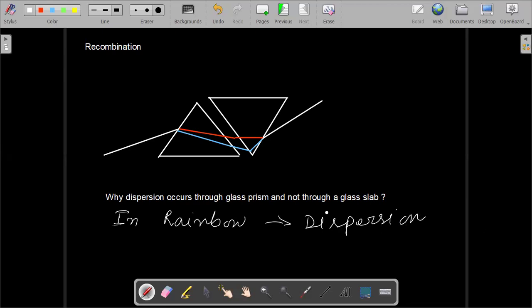But along with dispersion, there are various other phenomena also. Over there, we observe refraction and reflection also occurring. During rainbow formation, the phenomena which are there are dispersion, refraction, and reflection.